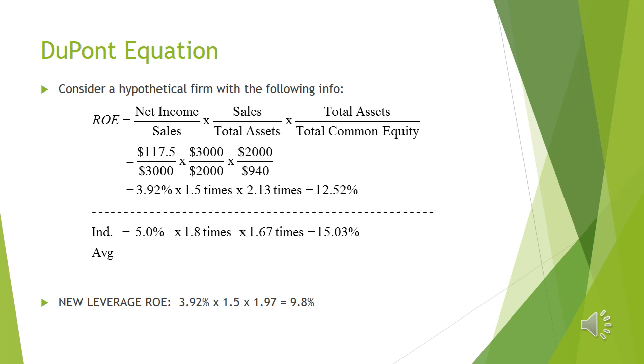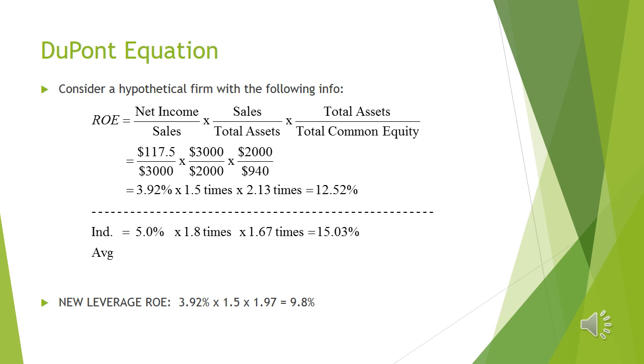Now, since the 5.9% is a return on assets, we need to adjust it up by the equity multiplier of 2.13 times to calculate the actual return to the equity holders, because the assets, if you remember, are provided both by the equity holders as well as the debt holders. But since the debt holders have already been paid off, we want to see what the rate of return is for the equity holders.